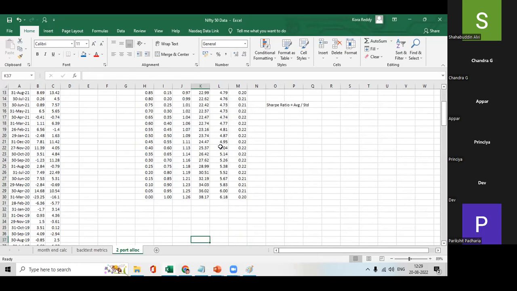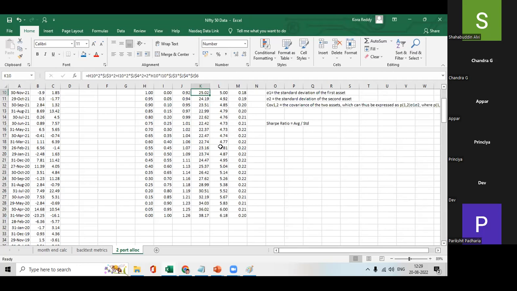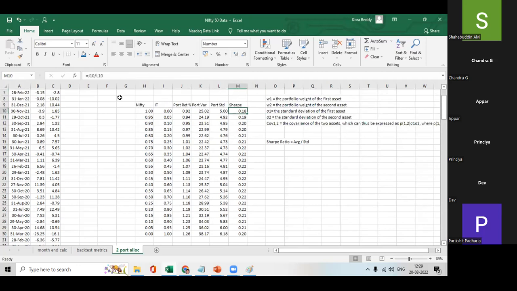Where is the highest Sharpe ratio? Because you can't read this number, everything is the same, right? 0.22 and all this. Maybe multiply by 10. Where is it highest?